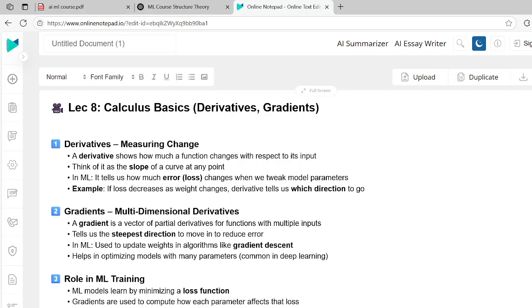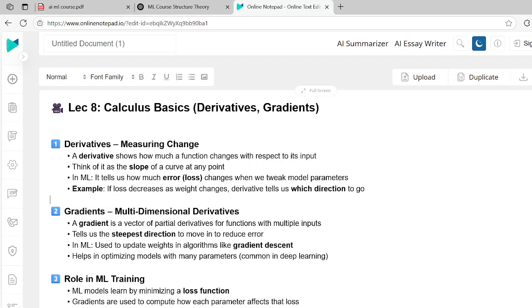Moving in this direction will reduce errors. In ML, it is used to update weights in algorithms like gradient descent, right?